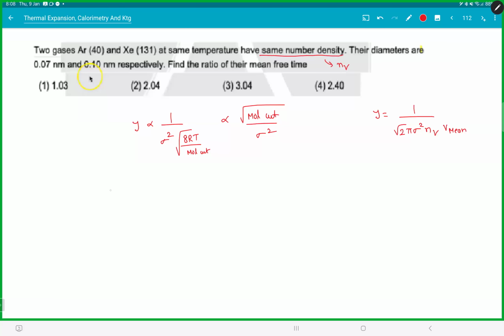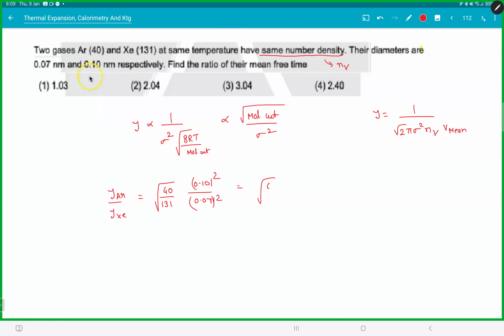So now if you write tau 1 by tau 2, tau of argon by tau of xenon, molecular weight of argon would be 40 by 131, diameter would be 0.10 square by 0.07 square.